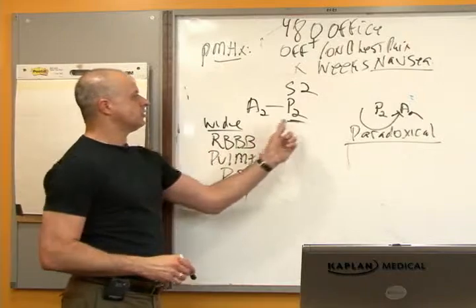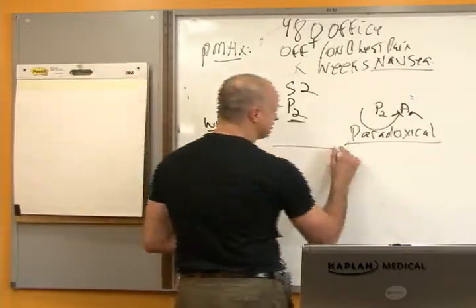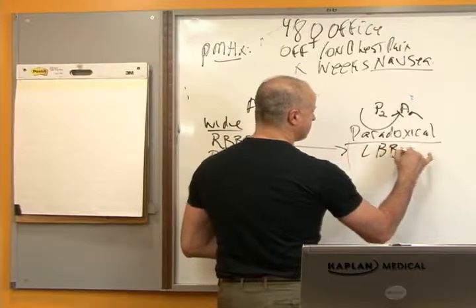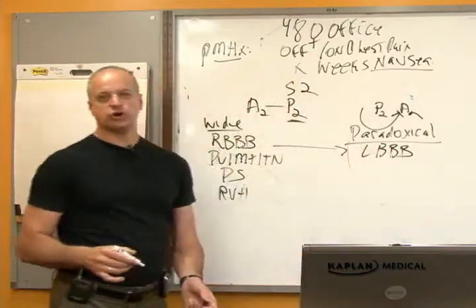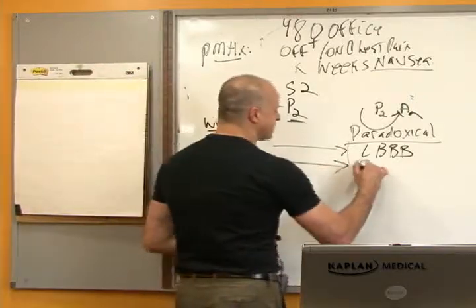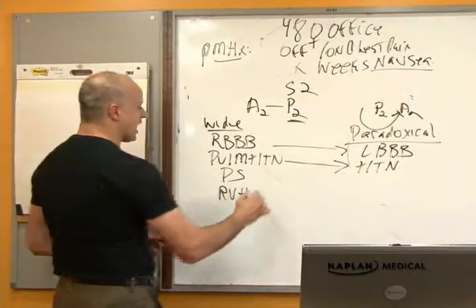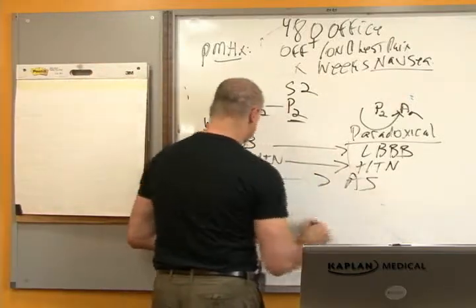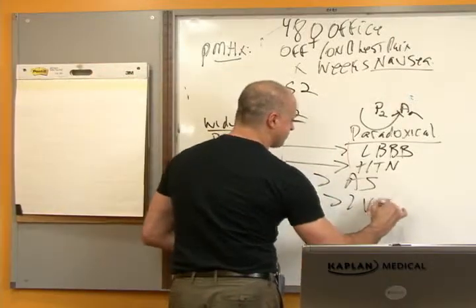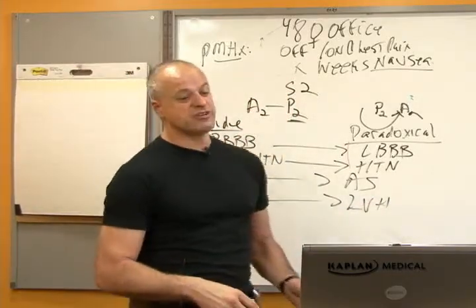If right bundle branch block slows the contraction of the right ventricle, then left bundle branch block slows the contraction of the left ventricle. Hypertension does too. That also means aortic stenosis and left ventricular hypertrophy. Splitting is very nonspecific.